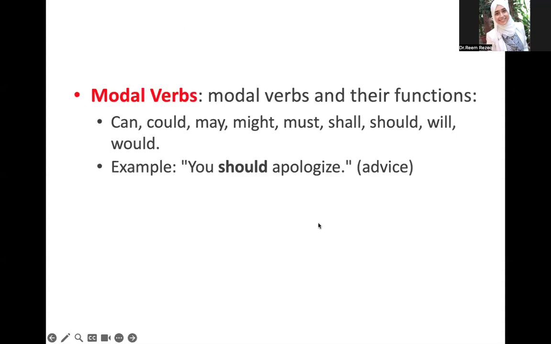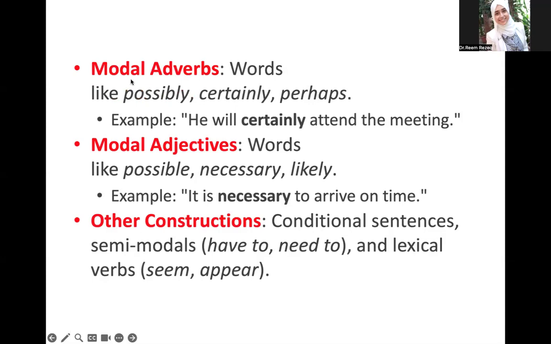We have different functions. For example, modal adverbs: possibly, certainly, perhaps. For example, she will certainly attend the meeting. So by using perhaps or possibly or certainly, it means that she will do something.